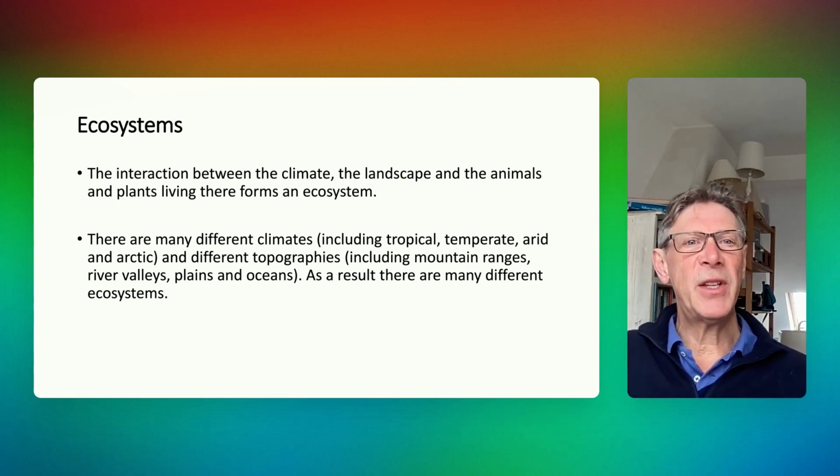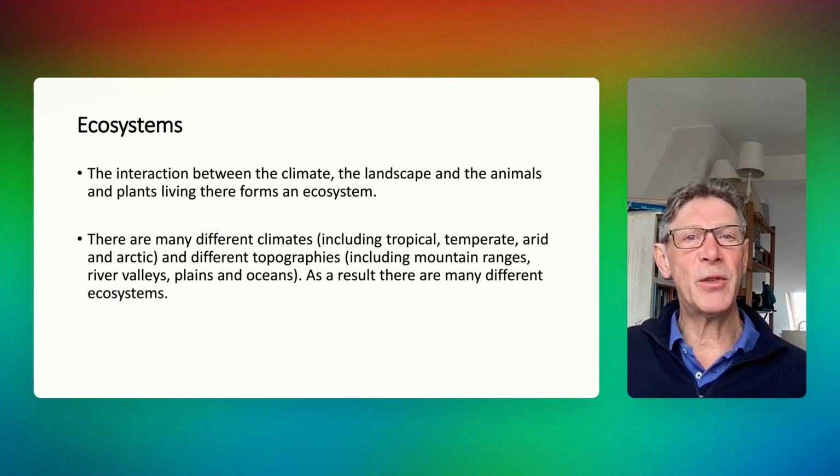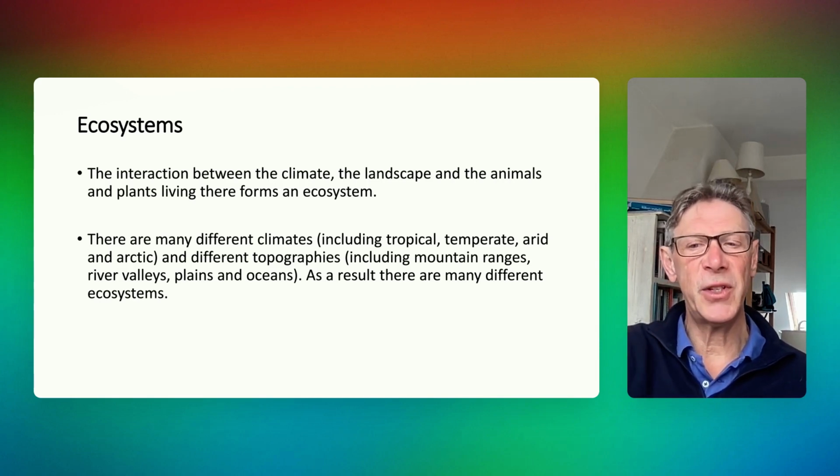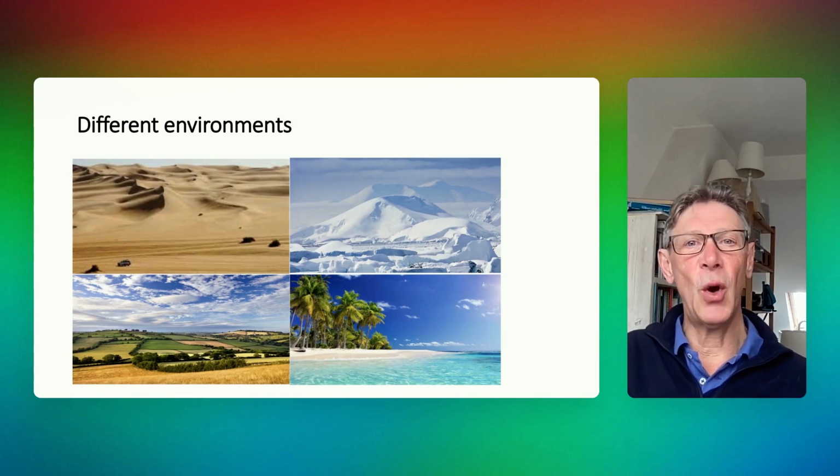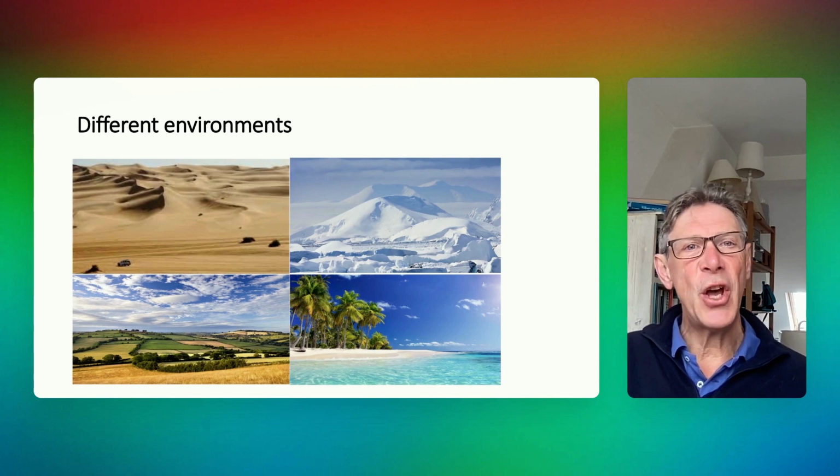An animal that lives in the Arctic will not be the same as one that lives in a tropical climate. The plants will be different and they will work together in a different way. There will be a different ecosystem. Here are some very different environments that we experience in the world that will have very different ecosystems. In the top left, you have an arid desert. There's virtually no life at all.